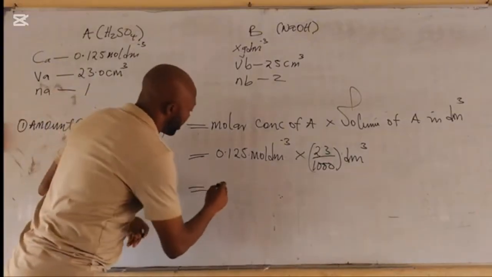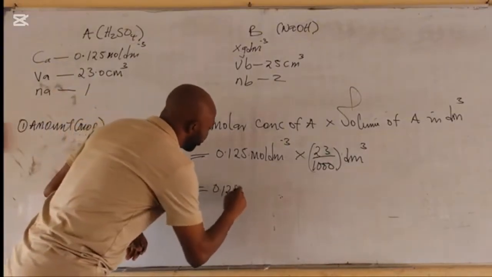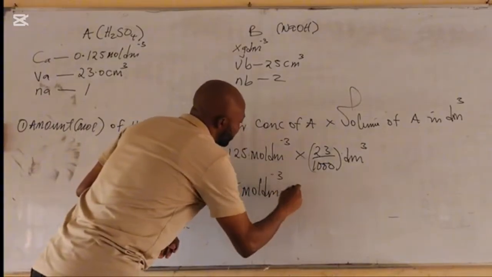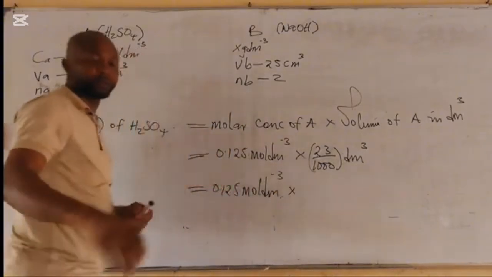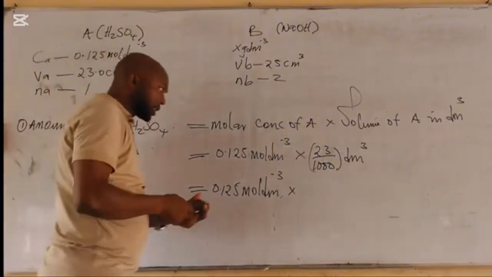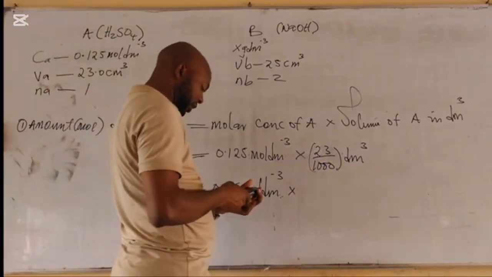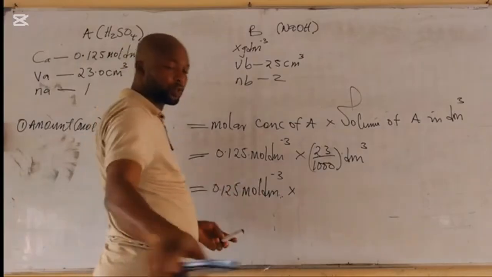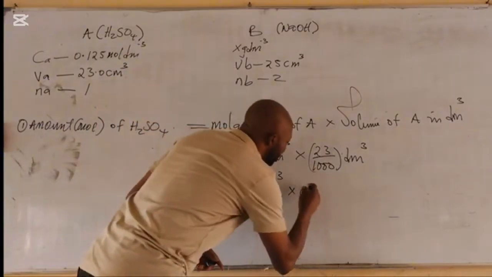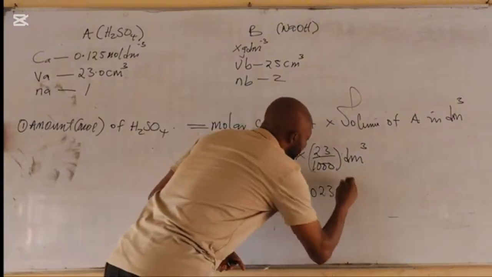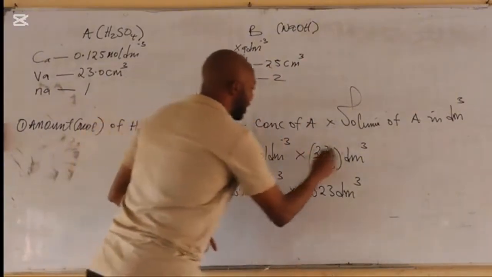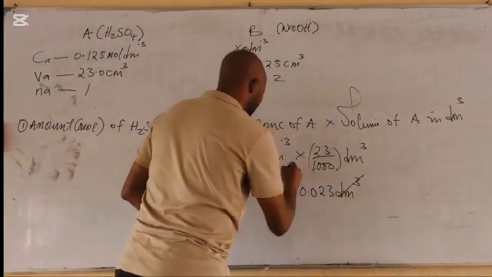We have our 0.125 mole per dm cube times, let's see, 23 divided by 1000, we have 0.023 dm cube. We know that this and this will go.